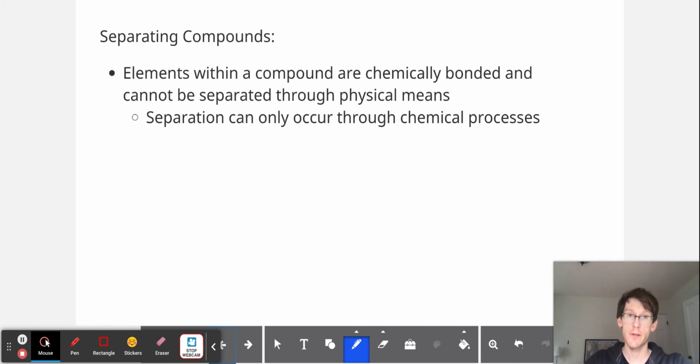Sodium chloride, for example, chlorine is a gas, sodium is a solid, but sodium chloride is a solid and it's all consistent throughout. You can't simply allow the chloride to evaporate off, and that would separate them. Separation can only occur among compounds through chemical processes, through chemical change.